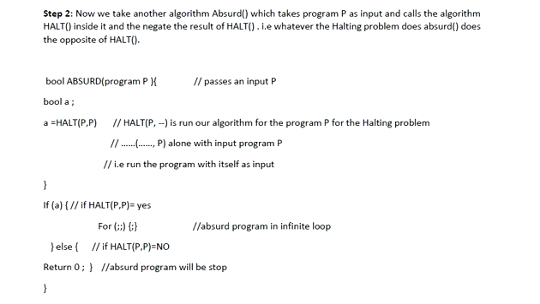Let's say A equals halt(P, P), which means we run our halting problem algorithm for program P, and the second P is the input. So the program is run with itself as input.